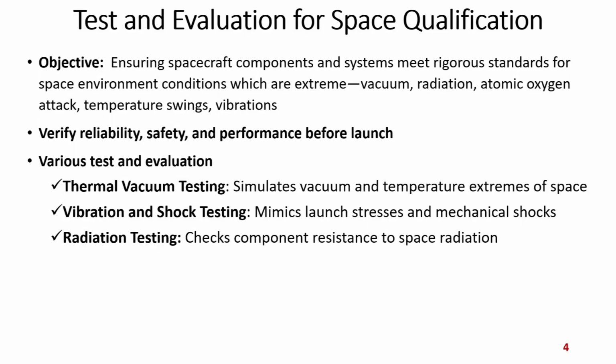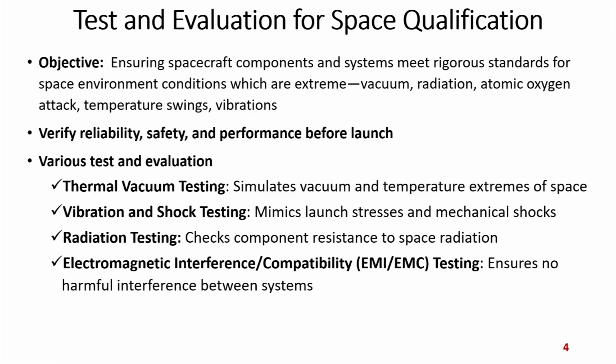Then there is the radiation testing that we discussed in our last session. Through radiation testing you check whether the components are resistant to the space radiation or not. Then one important test is electromagnetic interference or compatibility, also known as EMI/EMC testing. This testing ensures that there is no harmful interference between the systems.